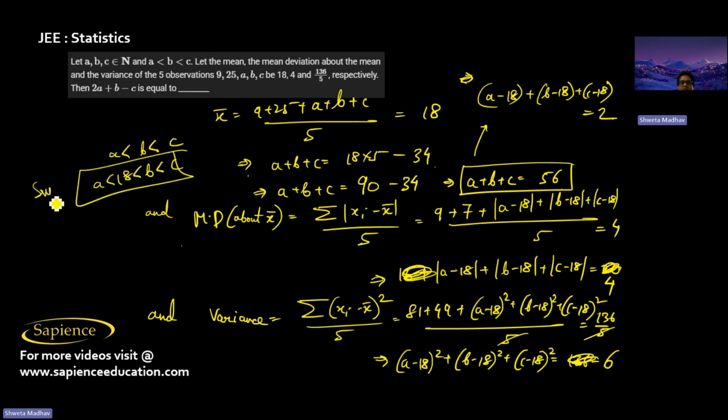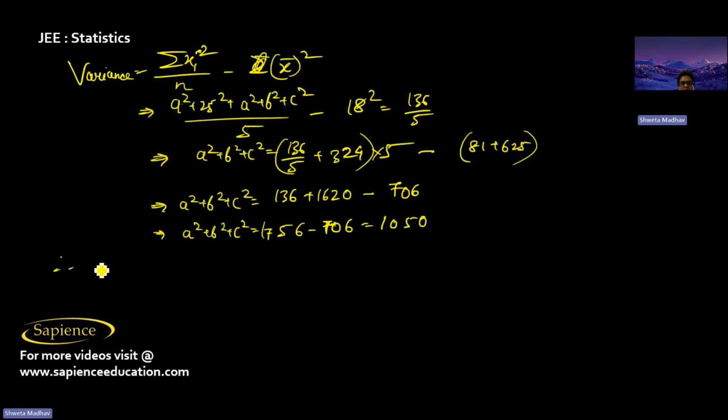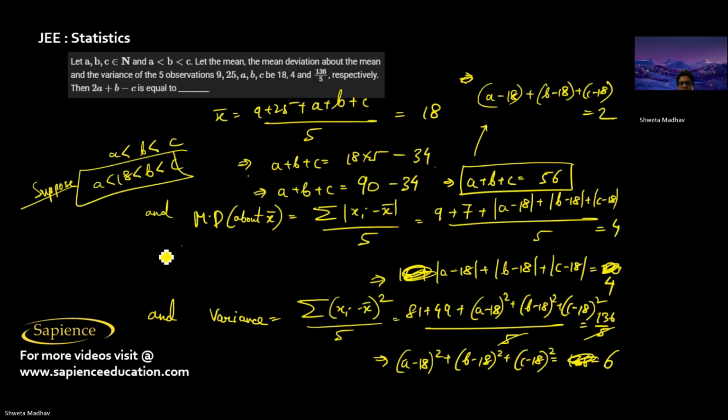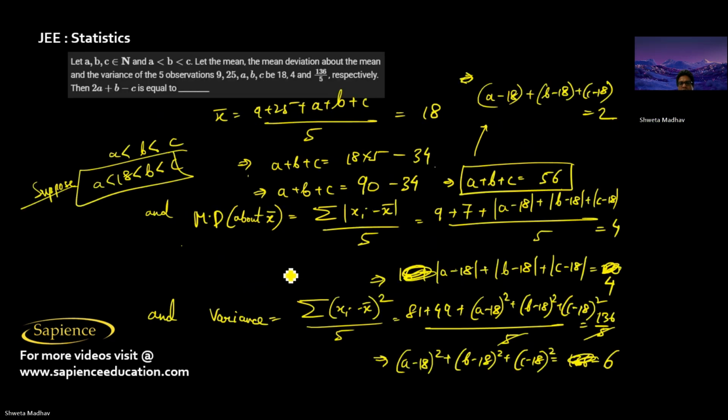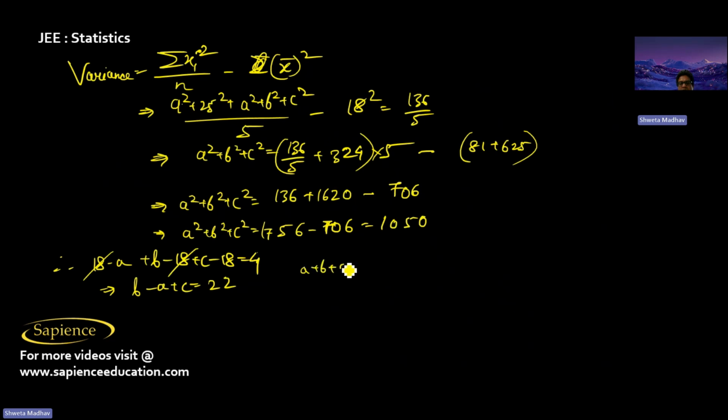Then the mod of A minus 18 will be 18 minus A, plus B minus 18 plus C minus 18, and that will be equal to 4. The 18s will cancel. Now you get minus A plus B plus C, that is equal to 18 plus 4, that is 22. And A plus B plus C is equal to 56.